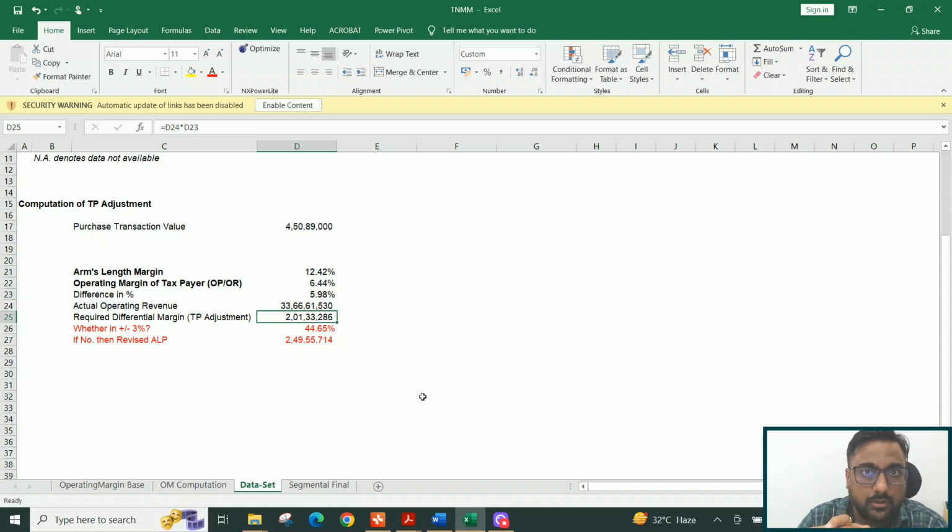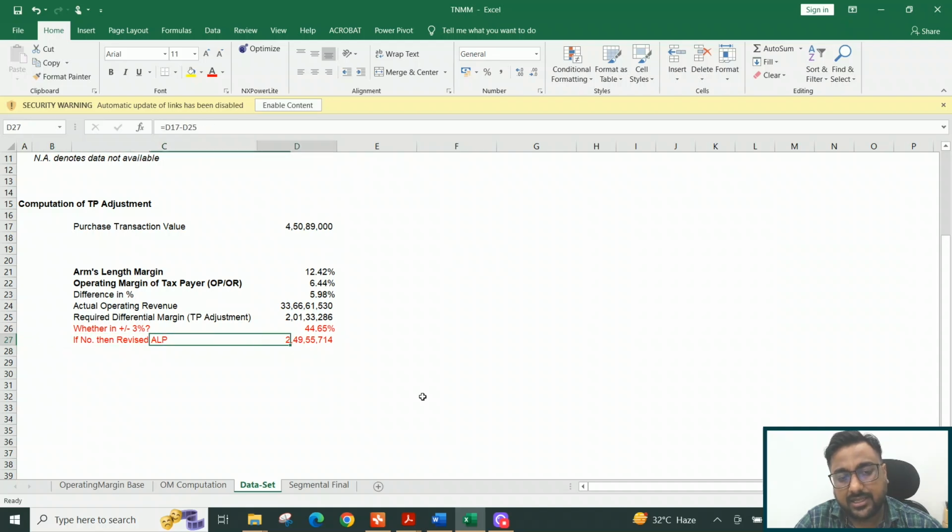That is, by 2 crores its profit and loss account needs to be increased, and accordingly this amount will be adjusted to the transfer price, and post the adjustment the value of the purchase transaction will decrease from 4.5 crore to 2.49 crores approx, right? So this will be the revised ALP. That is how we compute the ALP under the transactional net margin method.